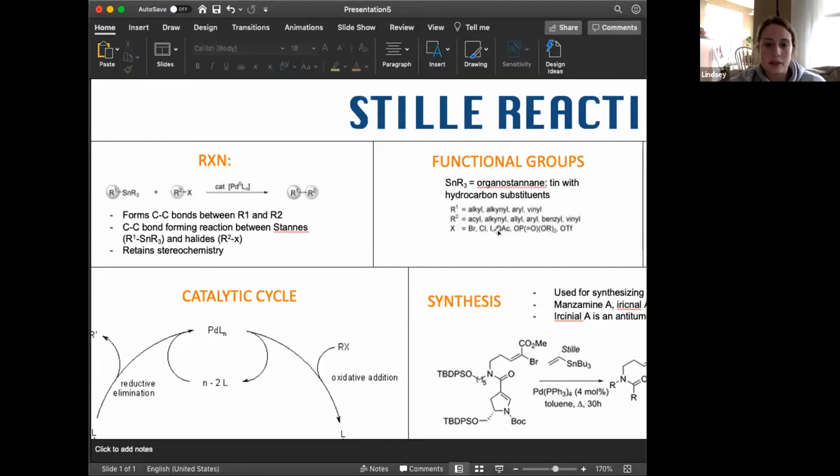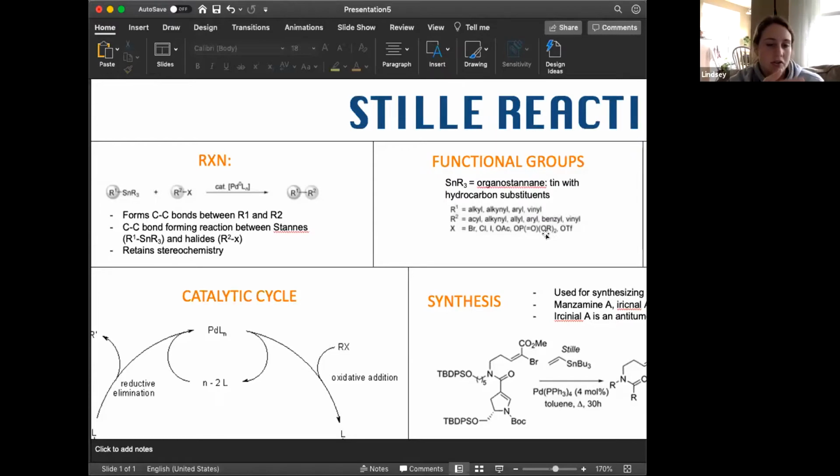And a couple of these others, like OAc, we used a lot in Orgo 2. And I actually don't know what this is. That's a phosphate group or a phosphoester group. Yeah, just another sort of leaving group.